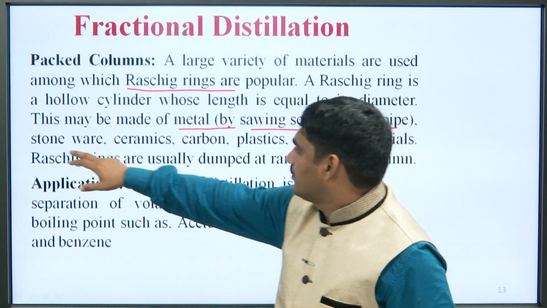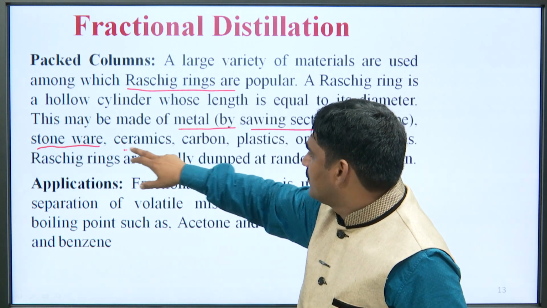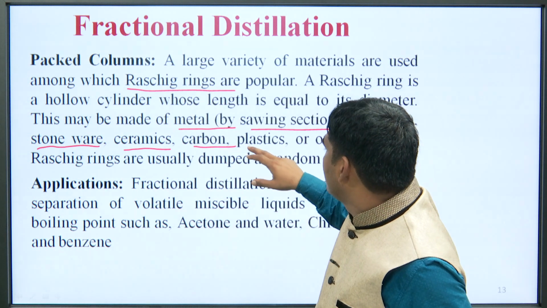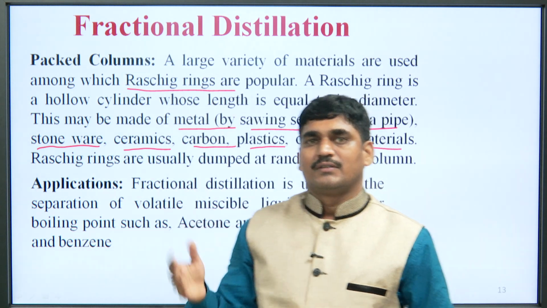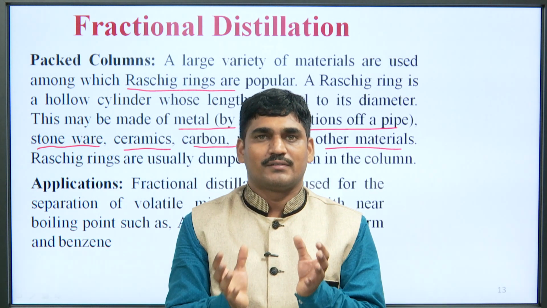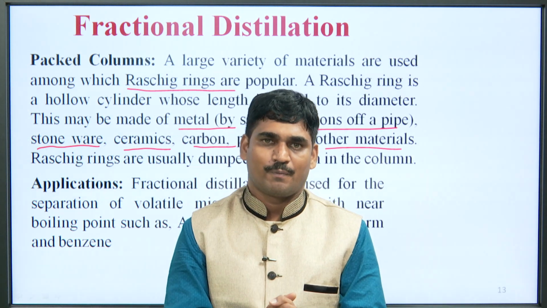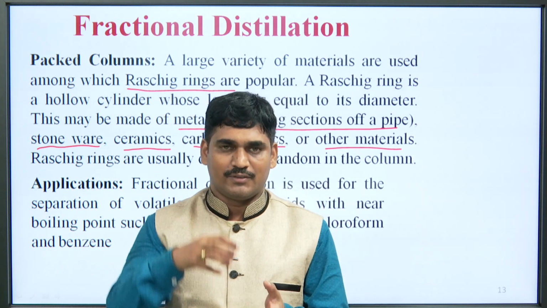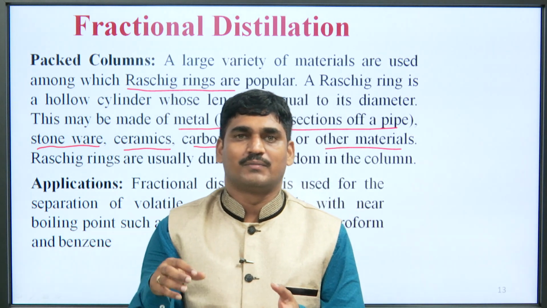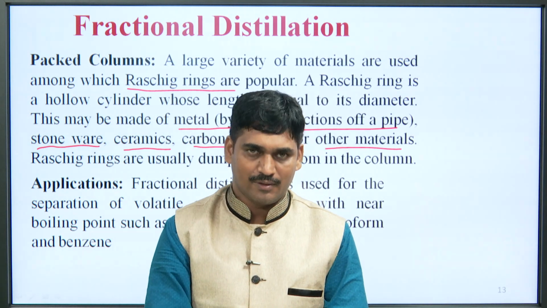They may also be made of stoneware, ceramics, carbon, plastics or other materials. So there are a lot of variations through which these Raschig rings can be prepared. These rings are dumped into the column, filling it.